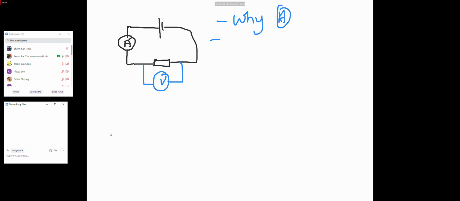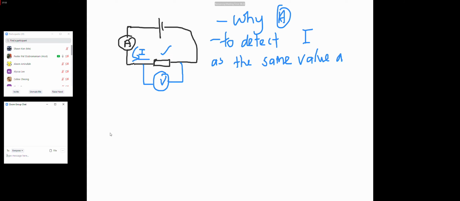The reason is to detect the rate of flow of charge, or the current, to the electrical appliance, as the same value as the electrical appliance.